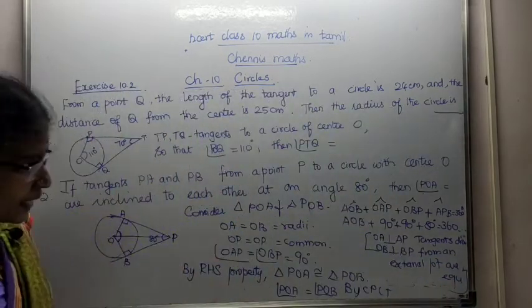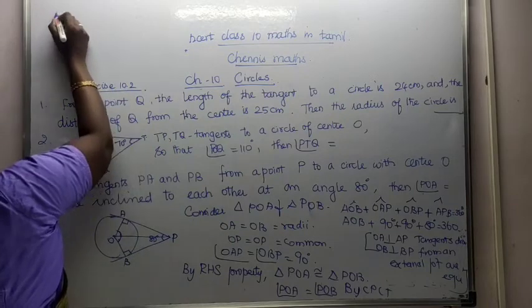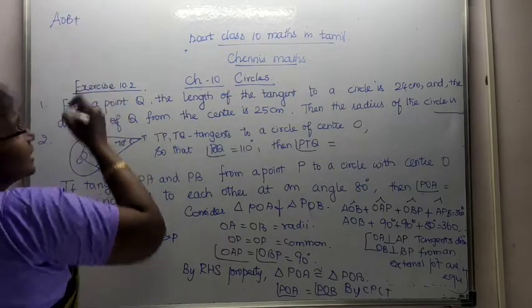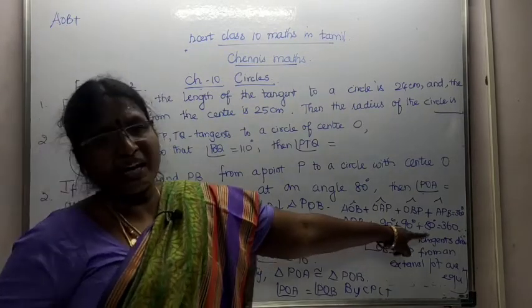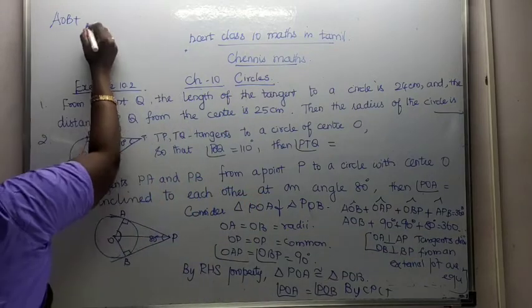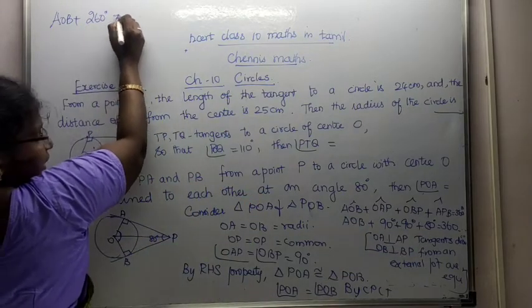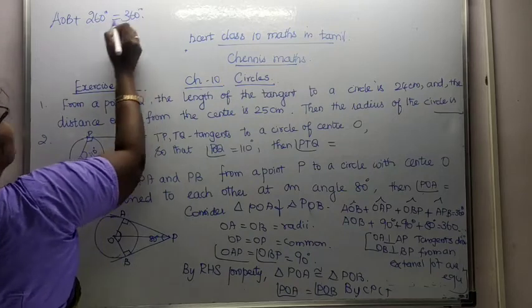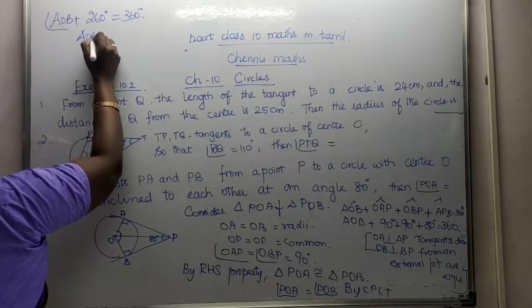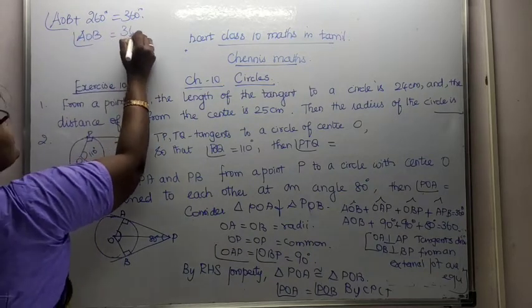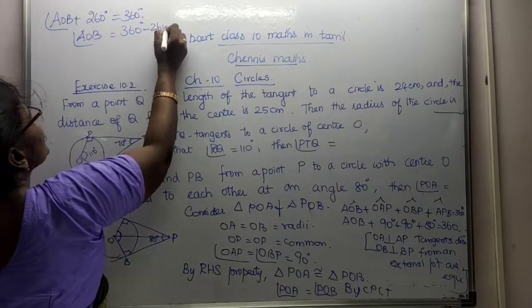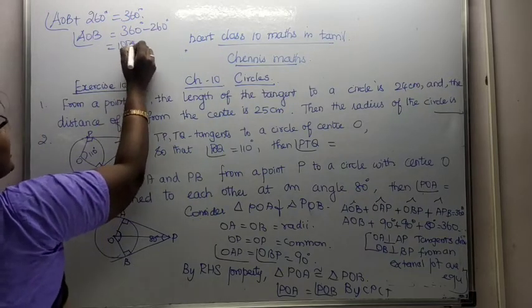Now add everything: AOB plus 90 plus 90 is 180, 180 plus 80 is equal to 260, that is equal to 360. Therefore, angle AOB is equal to 360 degrees minus 260 degrees, that is equal to 100 degrees.